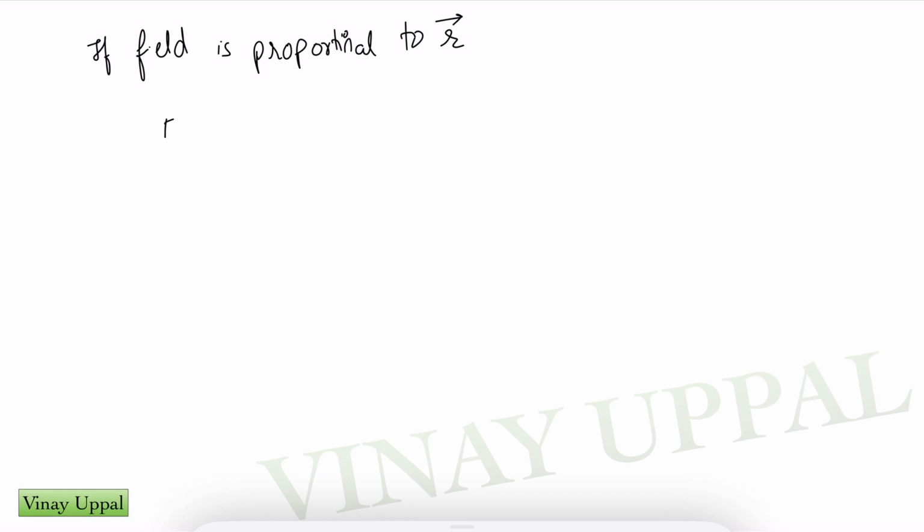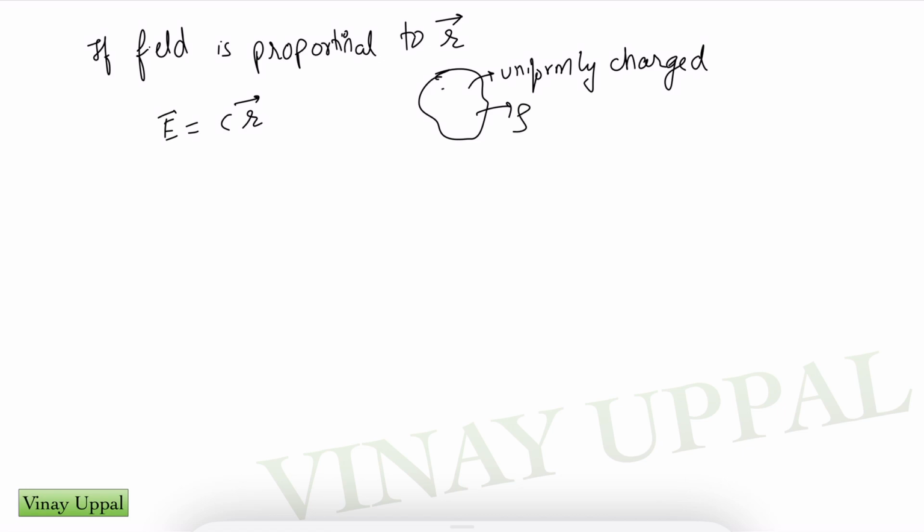So suppose electric field is some c r vector, c is some constant, and you have a charge distribution which is uniformly charged. Let's say that charge density is rho.